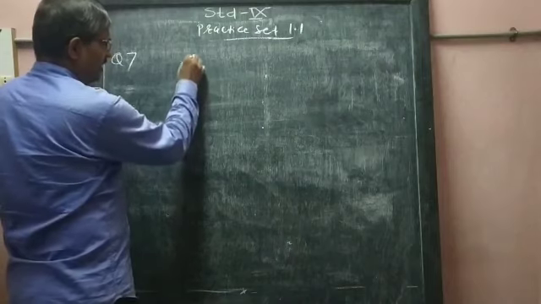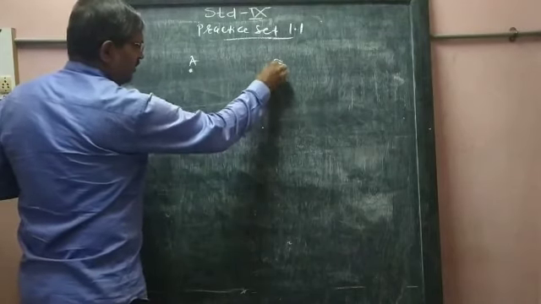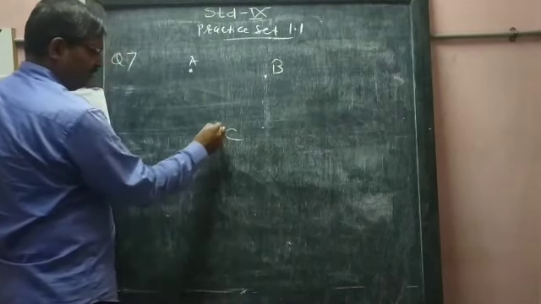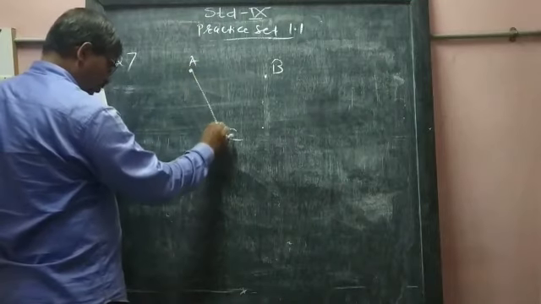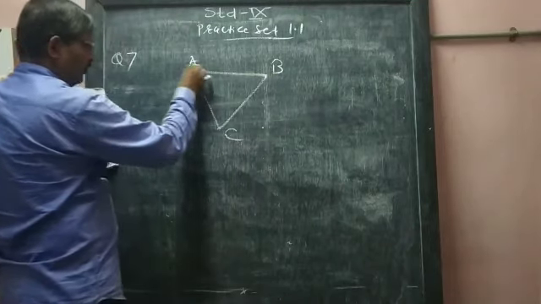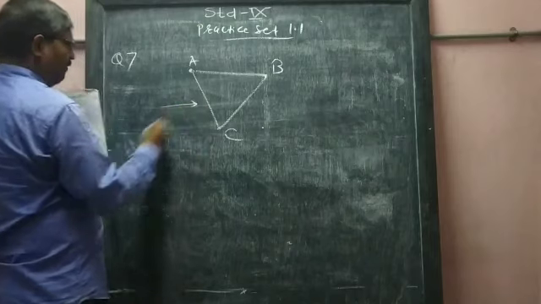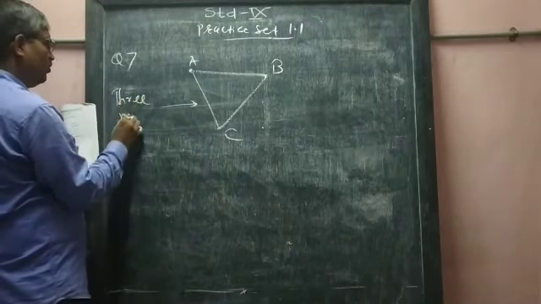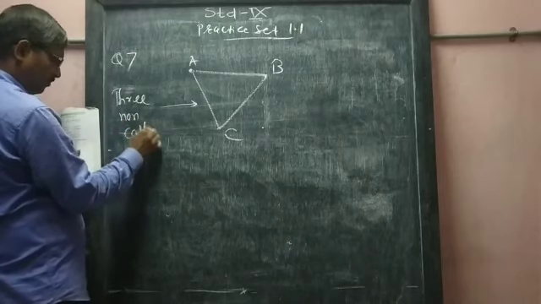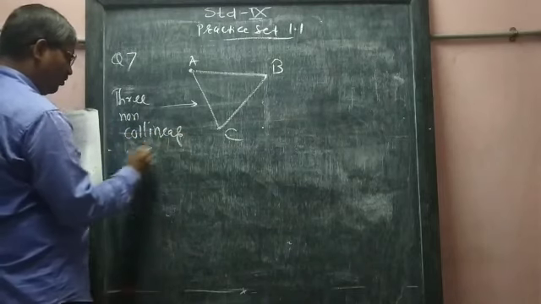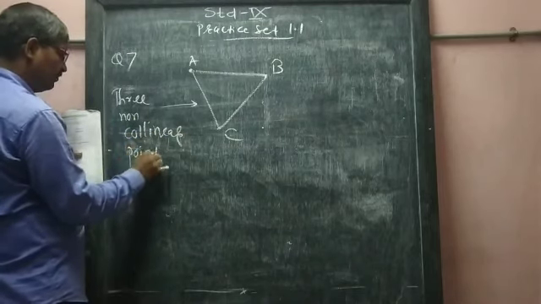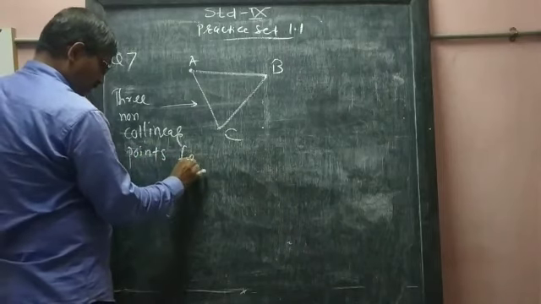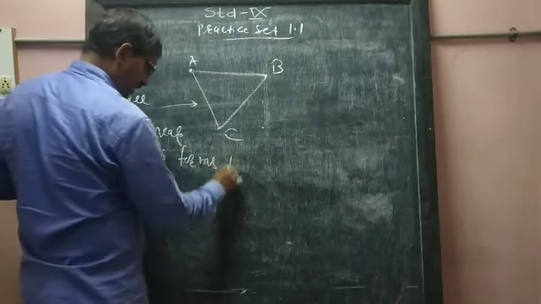Here is one point A, here is point B, suppose here is point C. Then these 3 points are joined to each other. Which figure is formed? Planar. 3 non-collinear points form a plane.